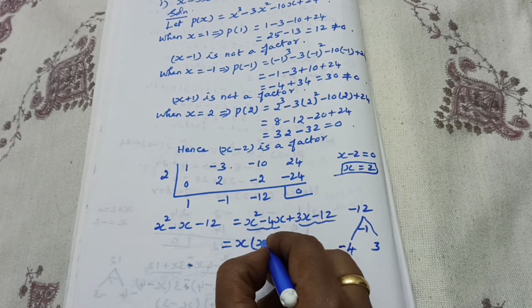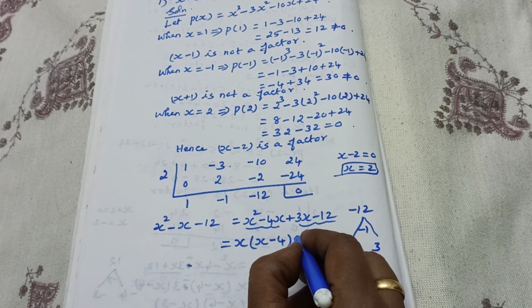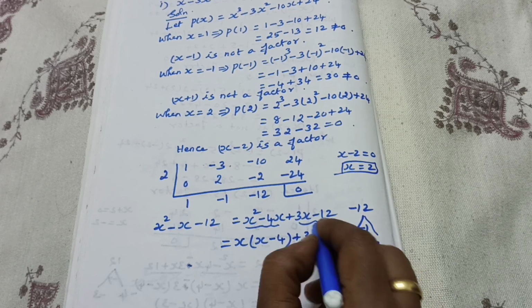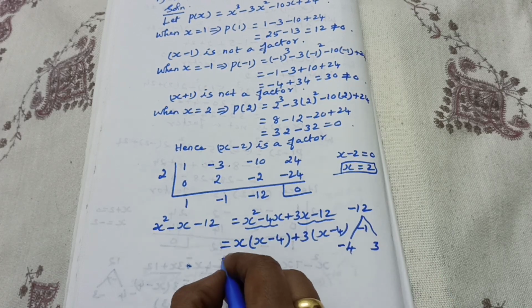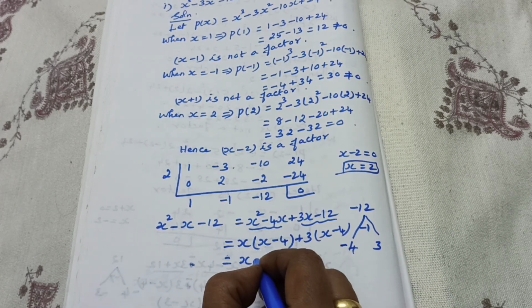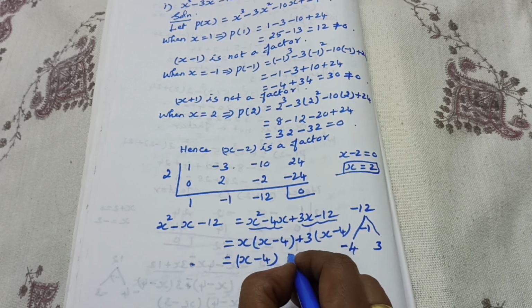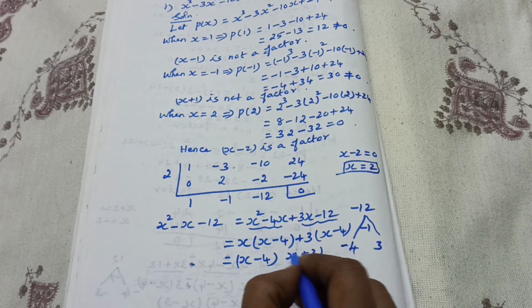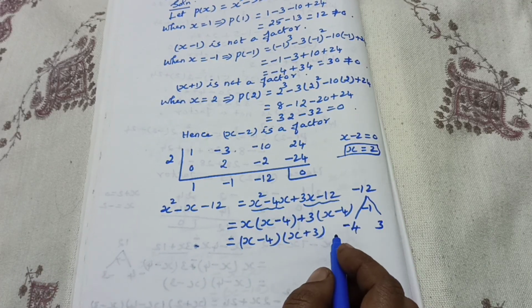Then remaining x minus 4. In these 2 terms, which is common? 3 is common. Remaining x minus 4. And these 2 terms, x minus 4, here also x minus 4. Inside the bracket write what is given. Then remaining x plus 3. Like that, 2 factors we got.